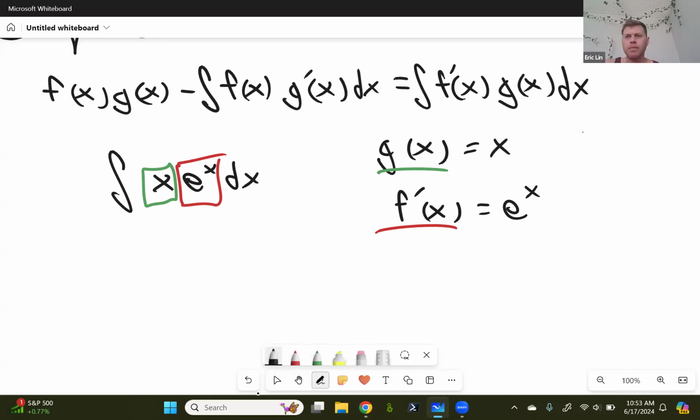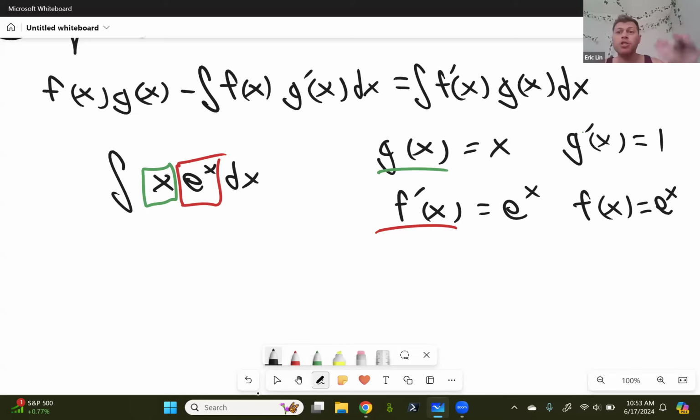Okay. So the reason I'm doing that is because g prime is super simple. G prime of x is just equal to 1. Isn't that nice? And f of x, as discussed earlier, is just e to the x. All right, so I managed to make something much simpler through differentiating, while the other piece did not gain any sort of complexity when taking the antiderivative.